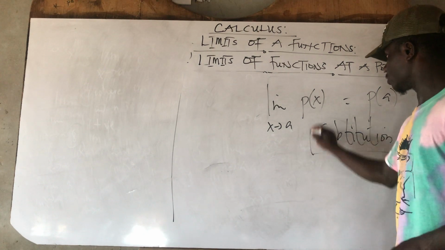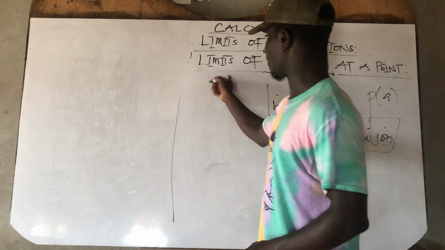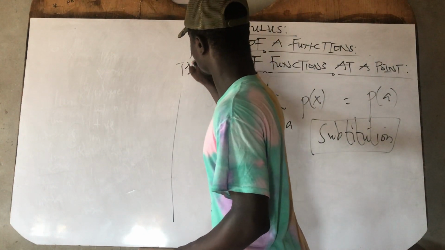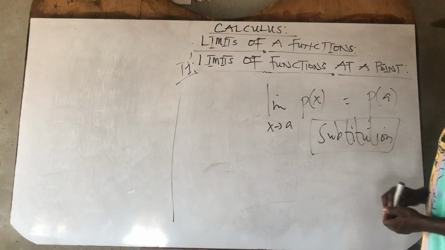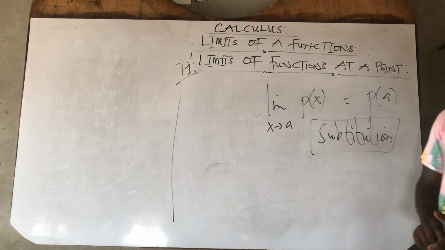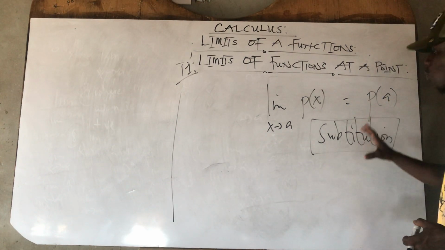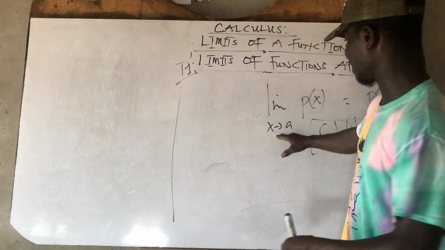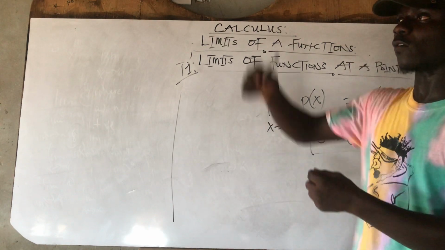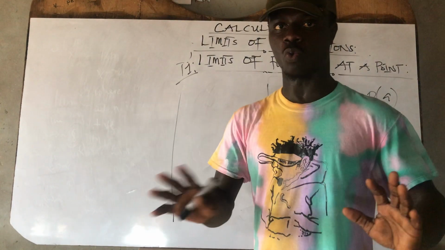Substitution. I already said we are doing type 1 of this, the limit of functions at a point. I know what I'm saying, because it's not always that when you take the limit as x approaches a point of that function, you just substitute.